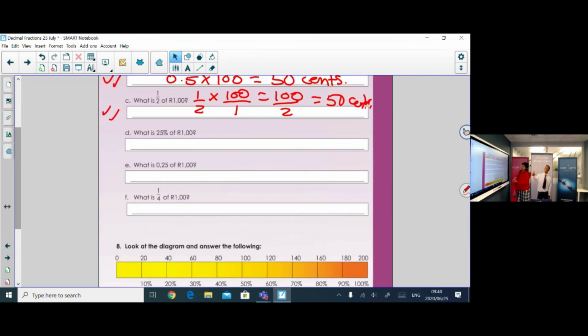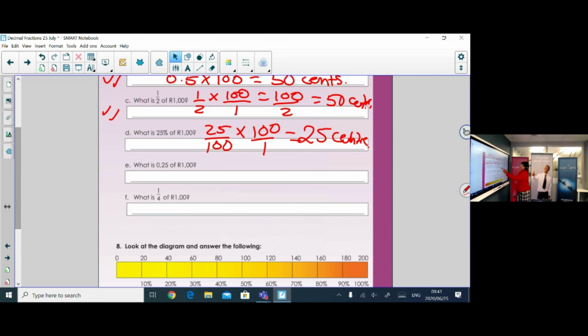What is 25% of 100? That's 25 out of 100. Percentage, everything is out of 100. Of 100 over 1, the answer is 25 cents. Remember, class, here we are converting rands into cents so that it's also becoming easier for us to do multiplication.